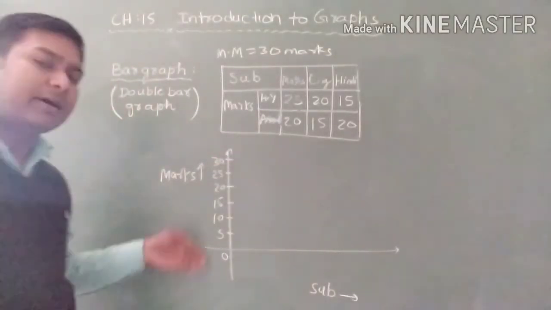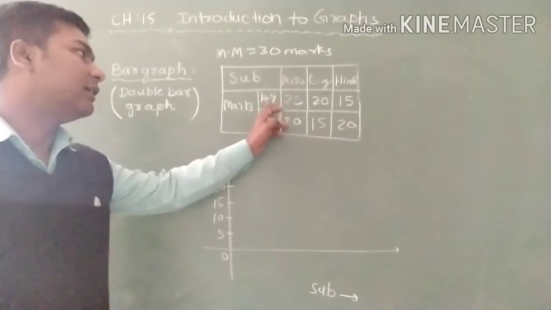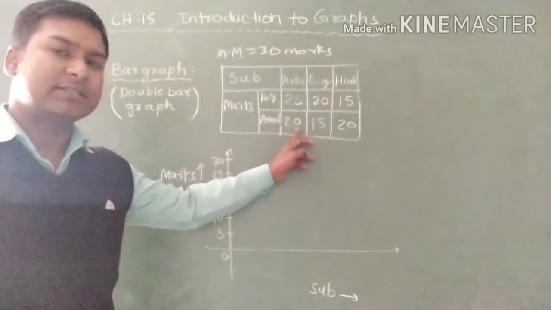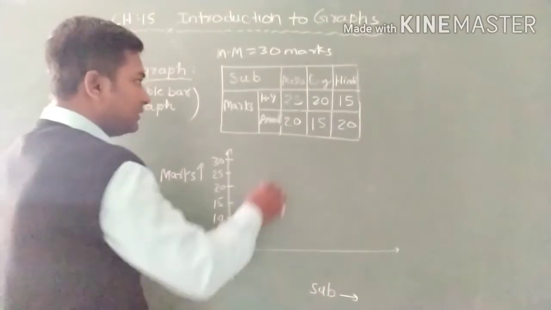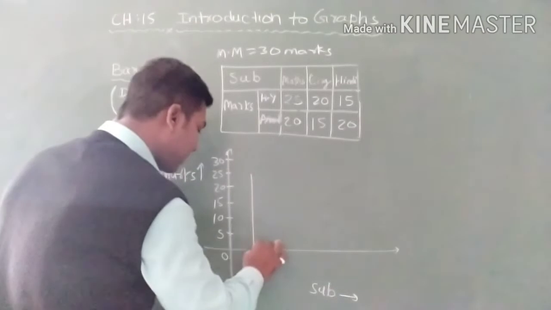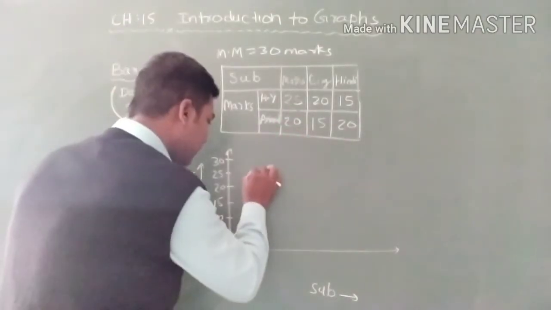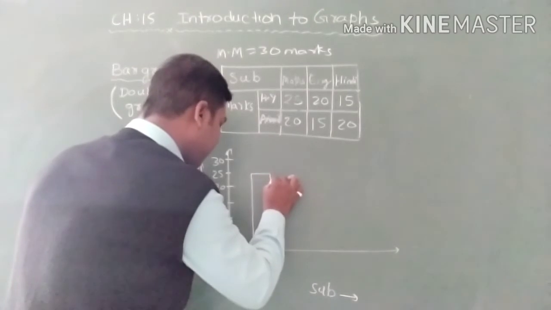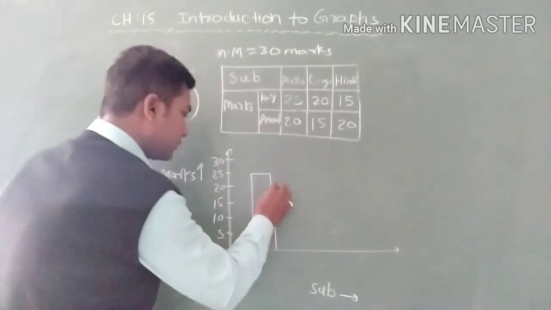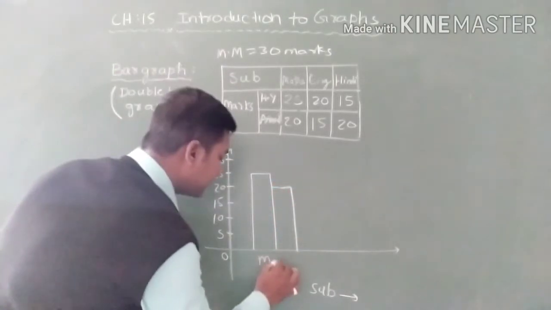In the maths subject, half yearly is 25 marks and annual is 20 marks. So draw the subject maths here; in half yearly the bar goes up to 25, and in annual examination 20 marks.